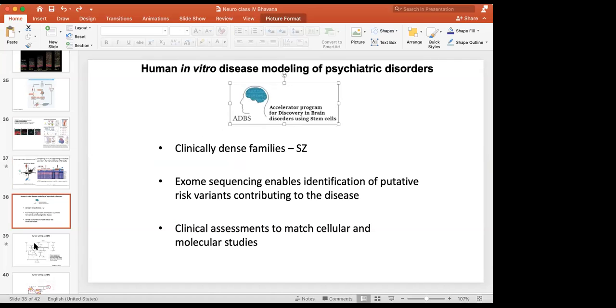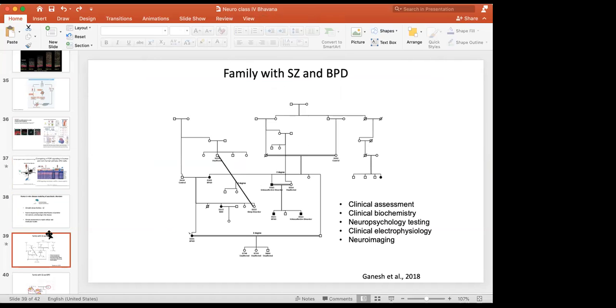I'm going to show you one example of such a dense family, where, as you can see, the black marks several members of the family with schizophrenia and bipolar disorder, with a few controls in the family as well.